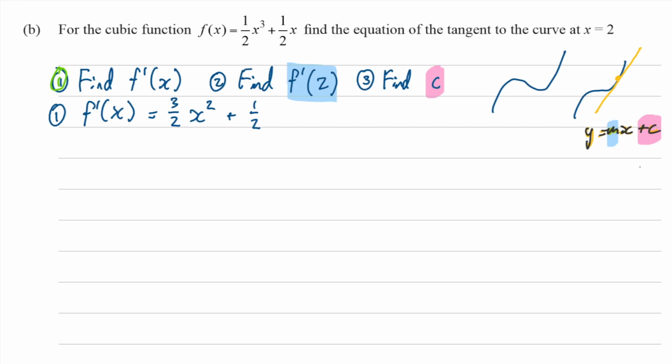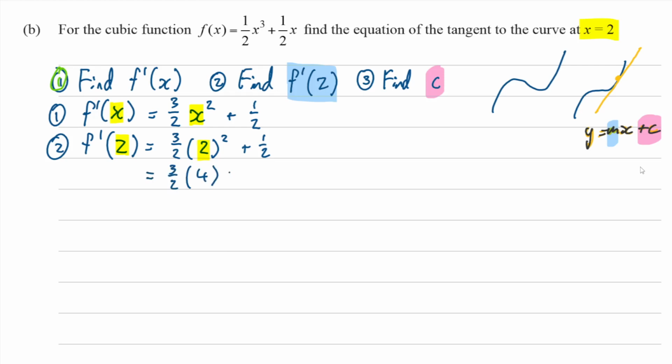Next up, we need the gradient of the tangent at x equals 2. So we substitute x equals 2 into our gradient function. So in for x goes 2, and so we're left with 3 over 2, 2 squared is 4, plus a half. 3 halves times 4 is 12 halves, plus 1 half is 13 halves, or as a decimal, 6.5.